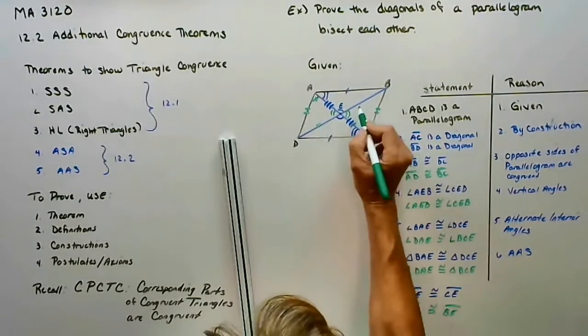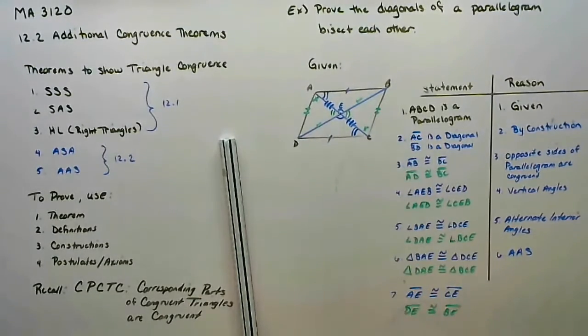So this one is congruent to this one. Why? Corresponding parts of congruent triangles are congruent.